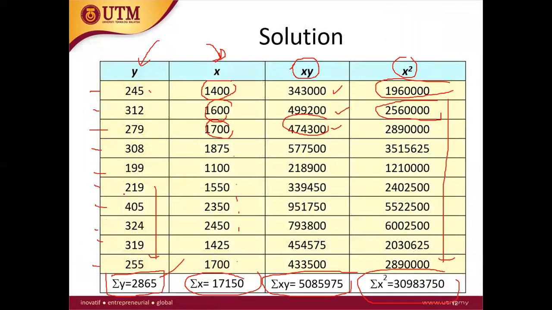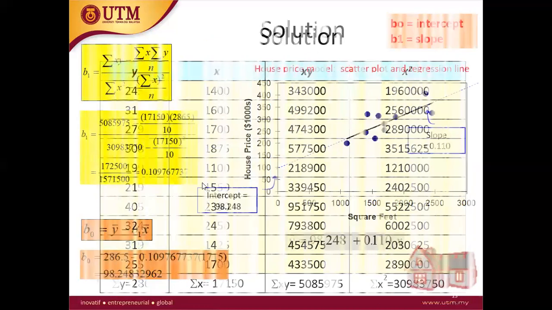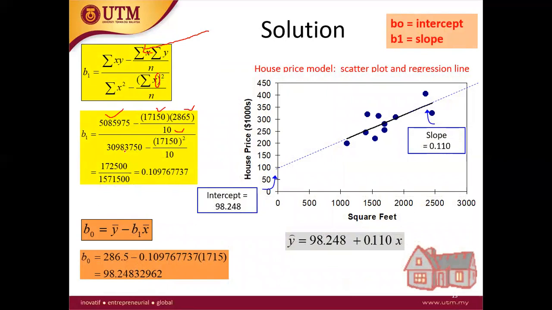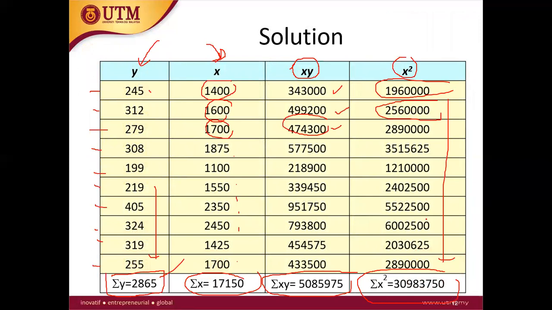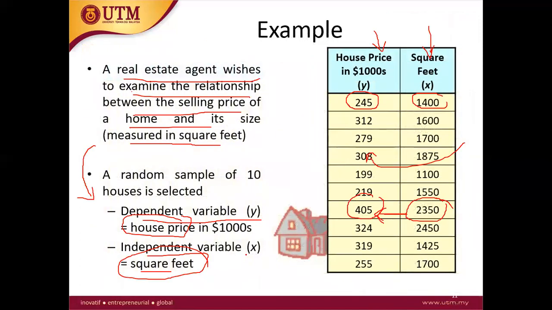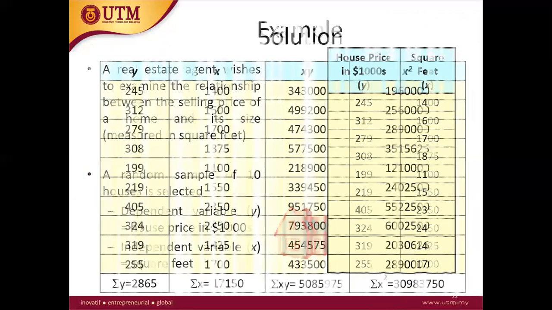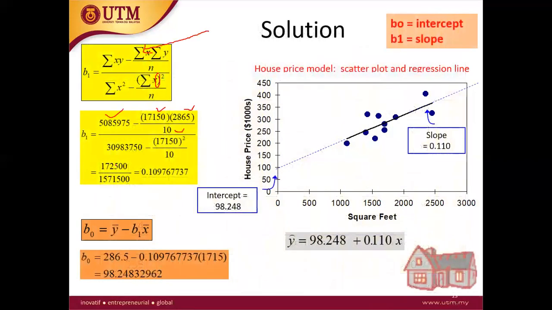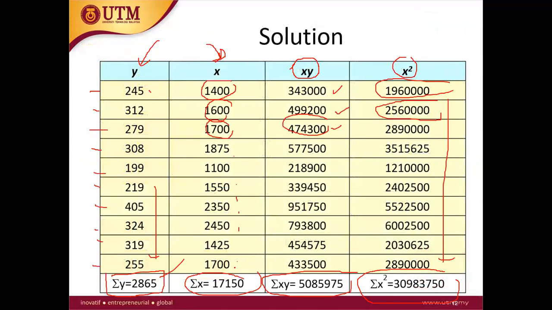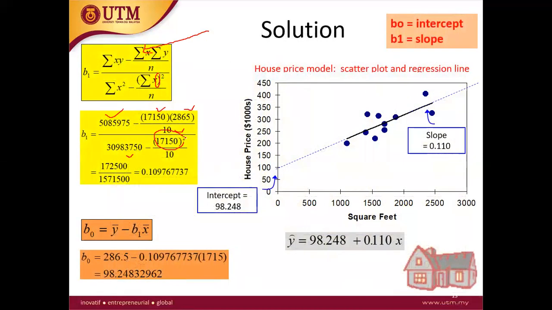10 is the number of samples. There are 10 houses. The sum of X squared, we refer to the last column, 30983750. 17150 is the sum of X, and the sum of X, 17150, is squared.